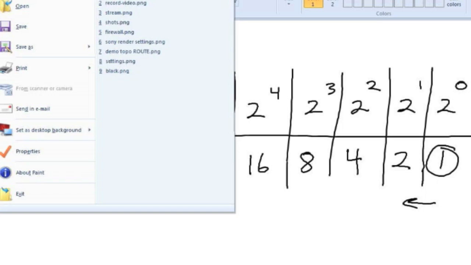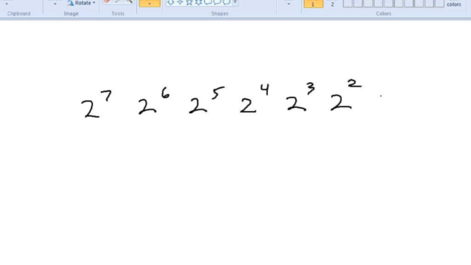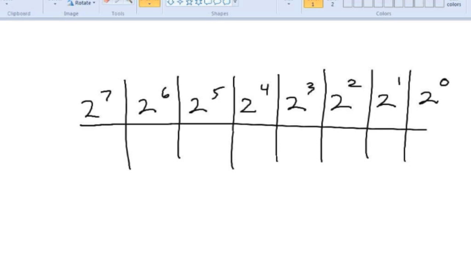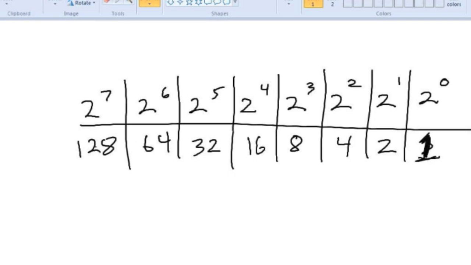I'll build it again. 2 raised to the 7th, 6th, 5th, 4th, 3rd, 2nd, 1st, 0. 2 raised to the 0 is 1, 2, 4, 8, 16, 32, 64, 128.